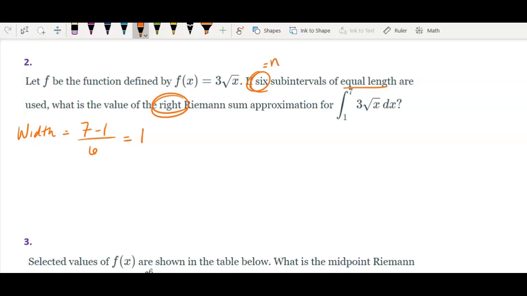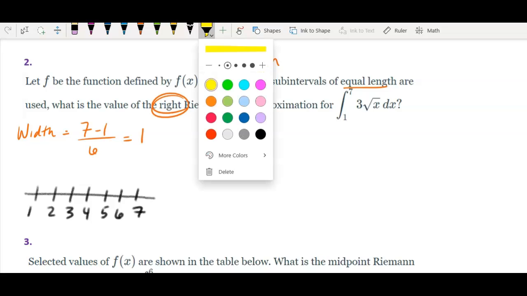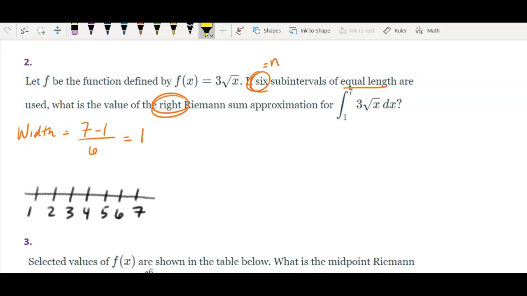That's nice. So now, if the width is 1, and I'm finding right-hand approximations, then I'm going to have to find the heights at 2, 3, 4, 5, 6, and 7.